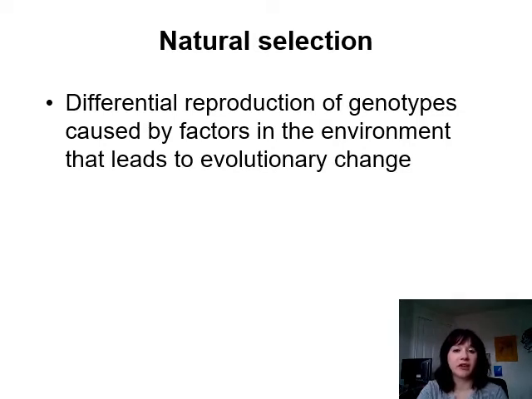And some of those characteristics are being passed down, reproduced in the next generation, and others aren't. So some are better and some are worse, depending upon what environment they are in, right? Caused by factors in the environment. And lastly, that leads to evolutionary change. So these different traits, some of them are so good that they are going to eventually lead to a change evolutionarily in that species.